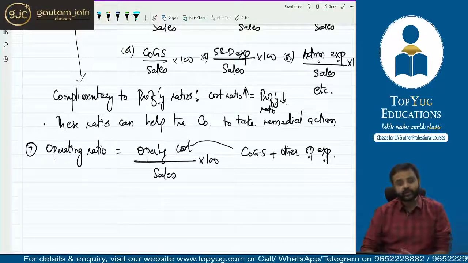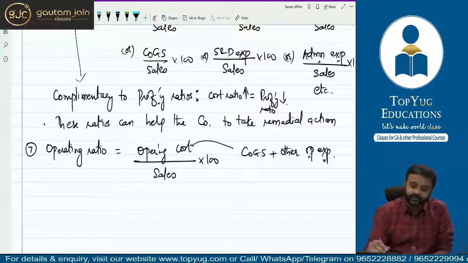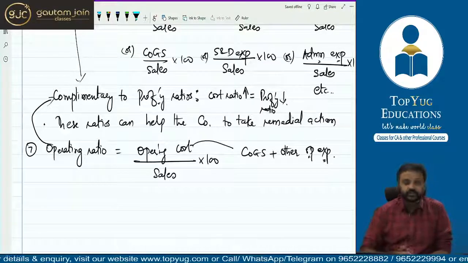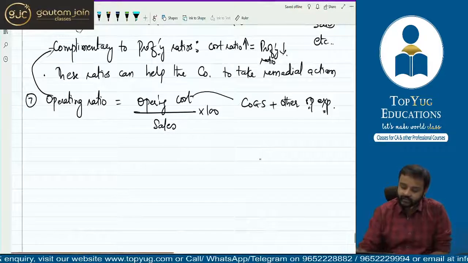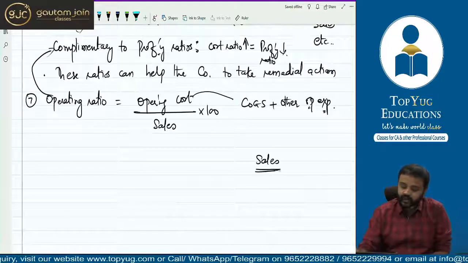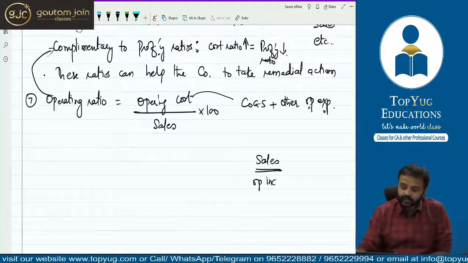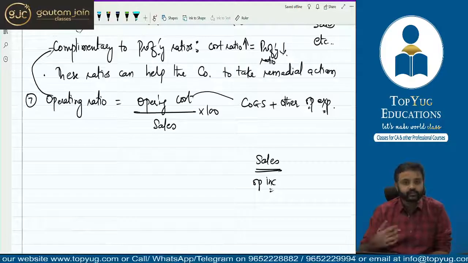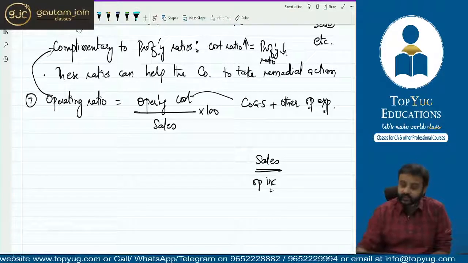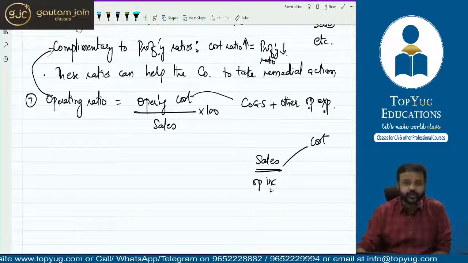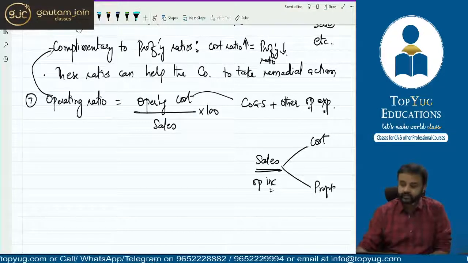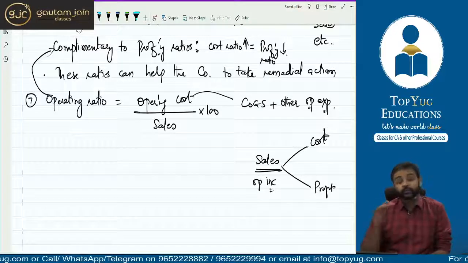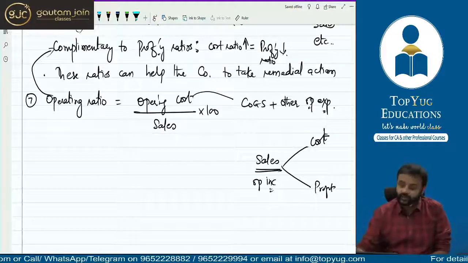Is this complementary to the profitability ratio? Yes, of course. Because see, when we talk about sales, that's nothing but operating income, yes or no? Income from operations is nothing but sales. This sales comprises two elements, cost and profit, isn't it? So when you are comparing cost, which cost are you talking about?